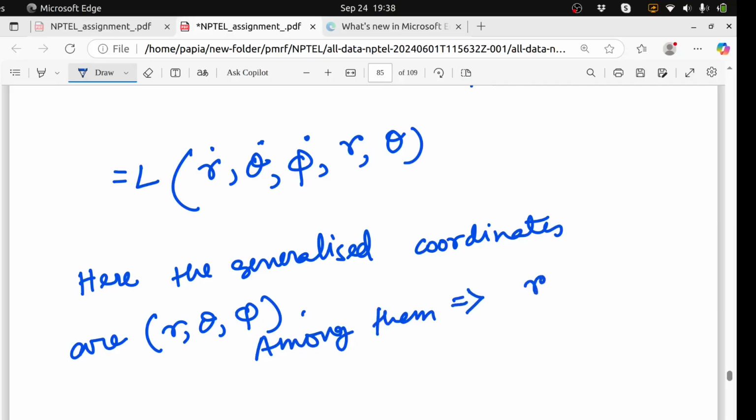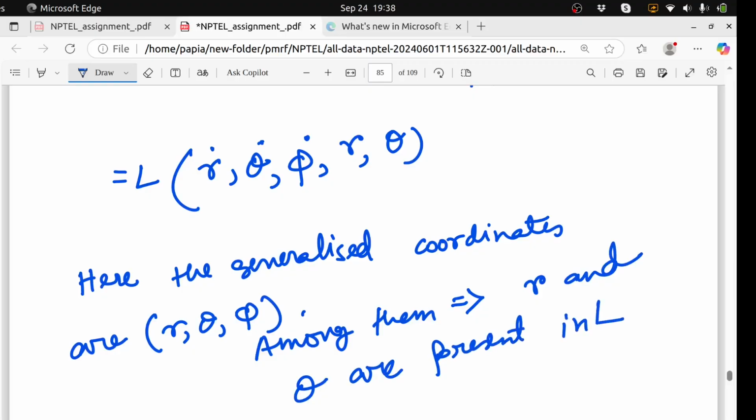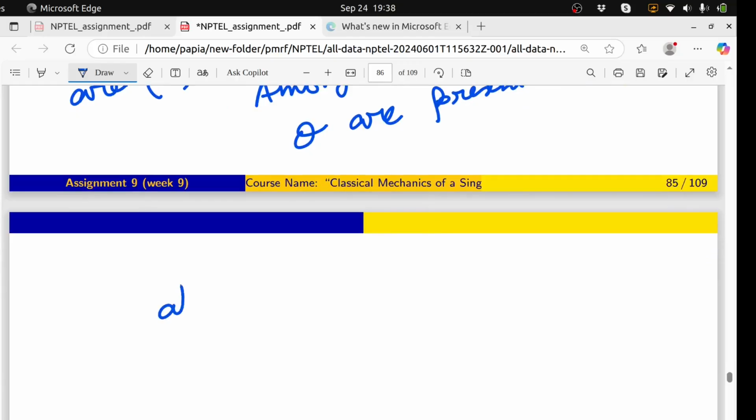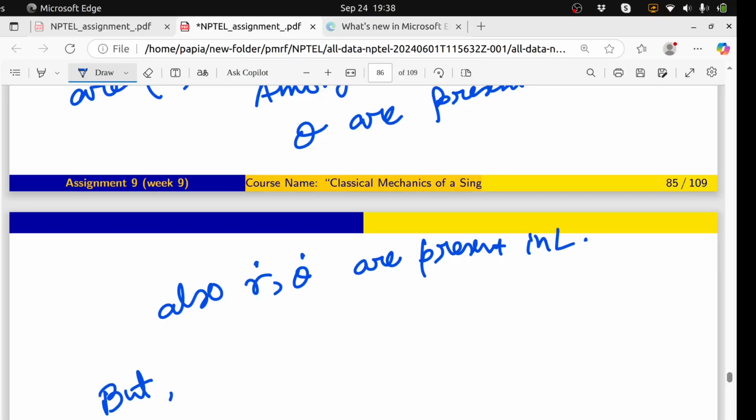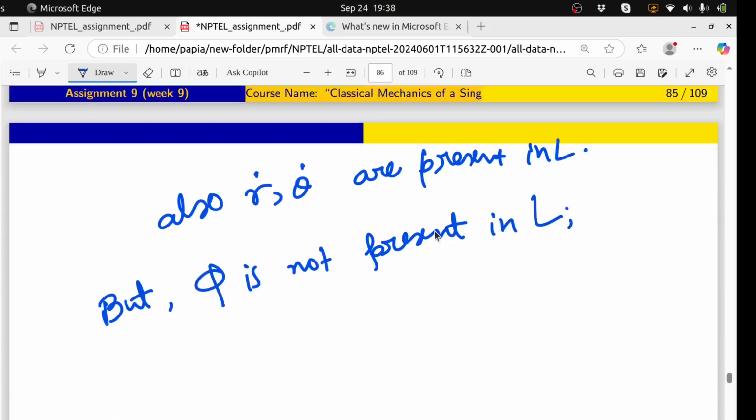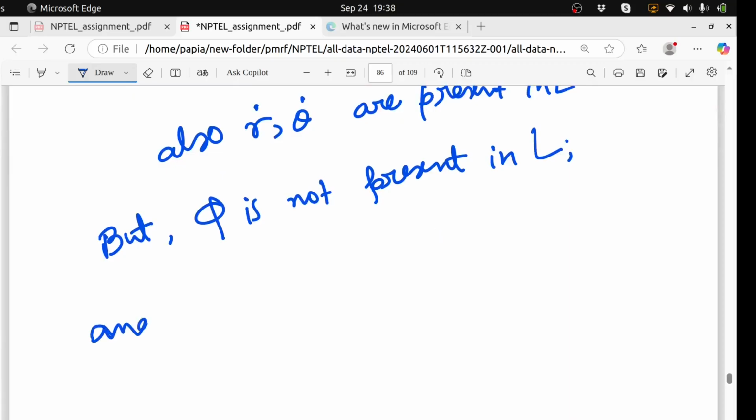Among them, r and theta are present in L. Also r dot, theta dot are present in L, but phi is not present in L and phi dot is present in L.